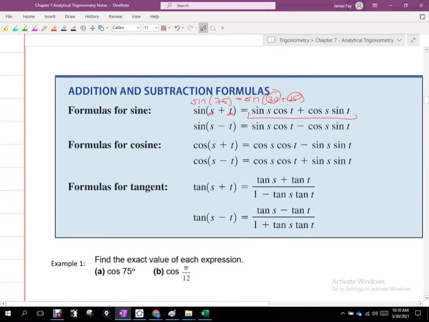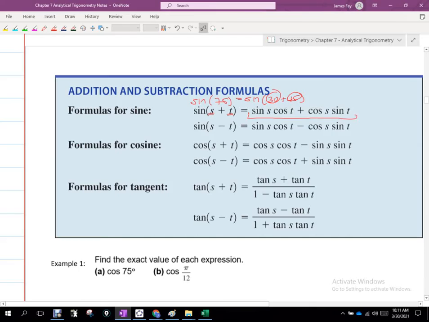What this allows us to do is say, if I don't know what the sine of 75 is from the unit circle, I can actually break 75 down to 30 plus 45, right? Do we know 30 and 45 off the unit circle? You know, sine value of 30, sine value of 45? So then I can use this formula here to help me actually find the sine of 75.